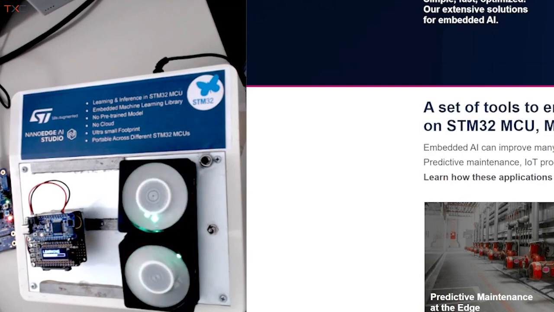This library is creating locally a model of the behavior of that machine, so the vibration from the two fans that are working alternatively. That's why the learning phase lasts long enough to go through the different combinations of vibration from the two fans. And after that, it switches automatically to inference mode.